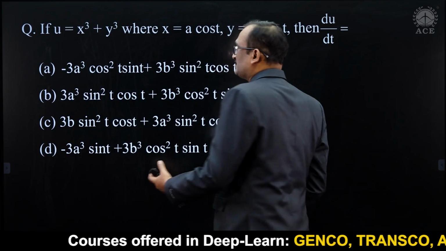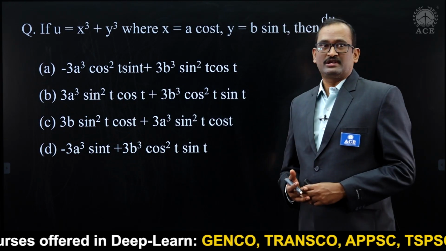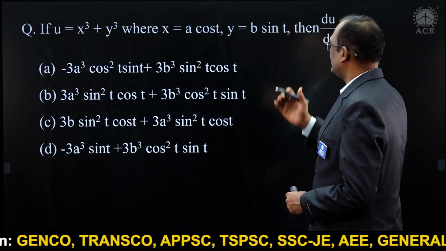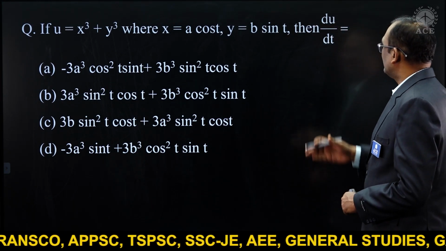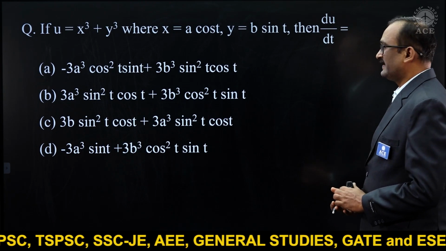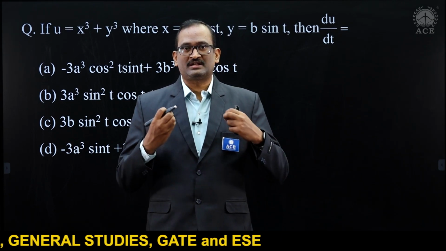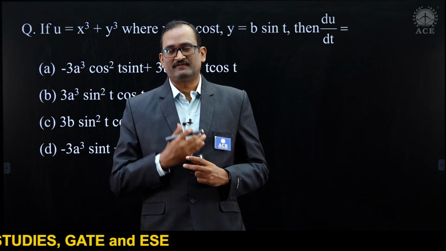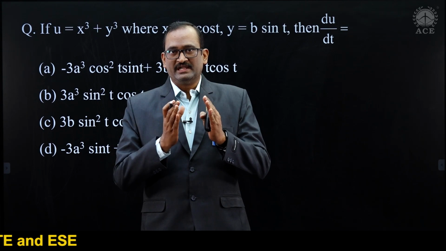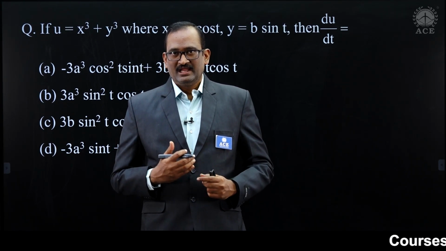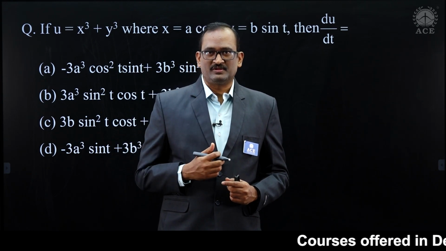Now you just look at the problem. u is equal to x cube plus y cube, where x is equal to a cos t and y is equal to b sin t. Then we were asked to find the value of du by dt. For this example, if you want, you can directly apply the total derivative definition, like du by dt is equal to ∂u/∂x into dx/dt plus ∂u/∂y into dy/dt.